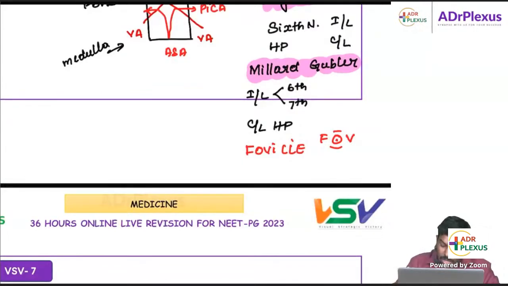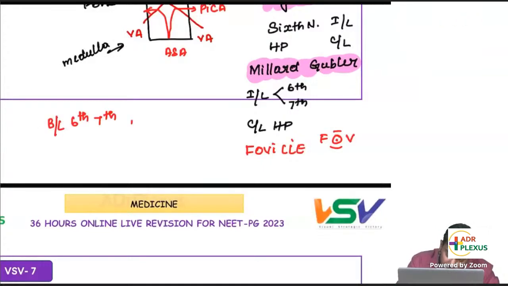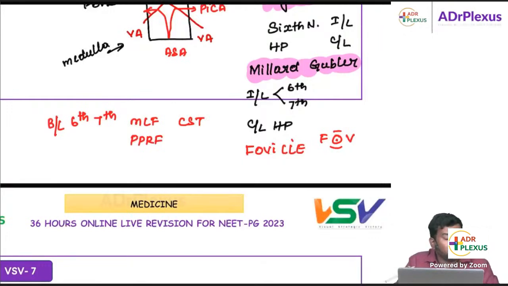Whenever a patient has bilateral sixth nerve, seventh nerve, MLF, PPRF, and corticospinal tract involvement, what syndrome are you going to develop? Very good, excellent. It is going to be locked-in syndrome.